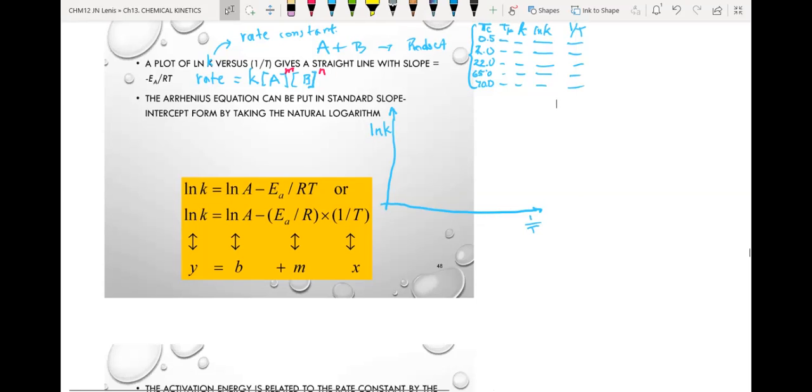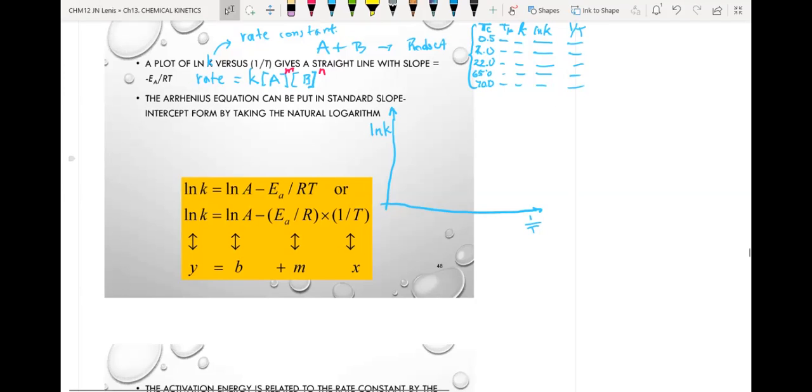Just plug that into your program. You can use different programs. You can use the spreadsheet on your computer. Plug these numbers and graph it. A graph of natural log of K in the y-axis and the inverse of absolute temperature on the x-axis.